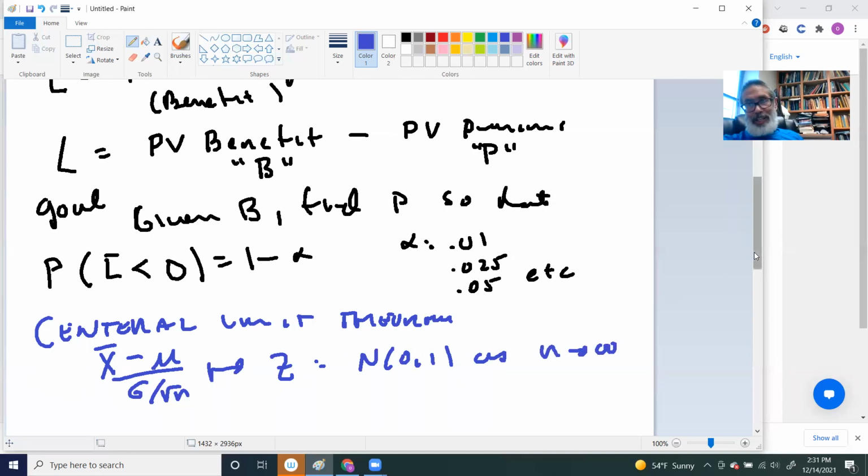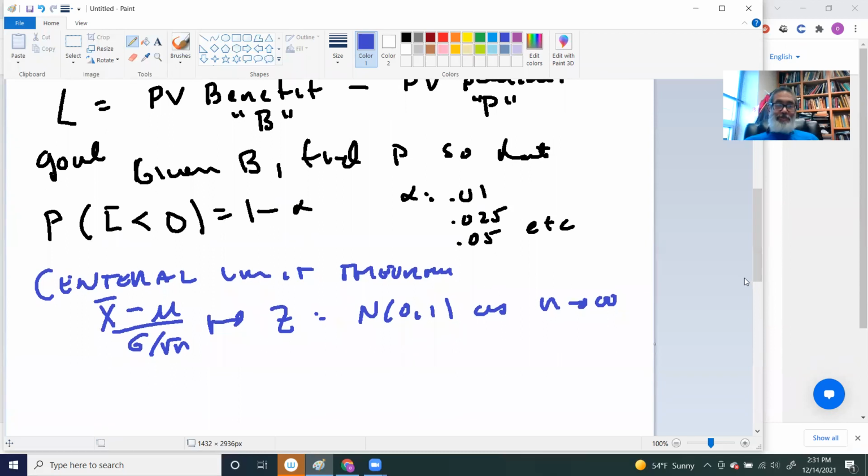Now I know the joke is that n equals 30 is infinity, but we're going to be working with numbers much higher than that. So the idea here is that if we can do something to get this to be normal, then we can use Z less than z_alpha equals 1 minus alpha. So we can somehow do that. So how can we get this to look like this and keep it algebraically the same?